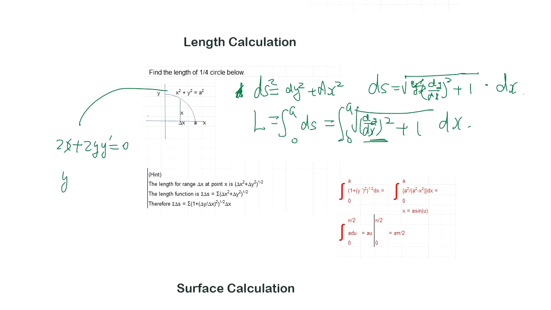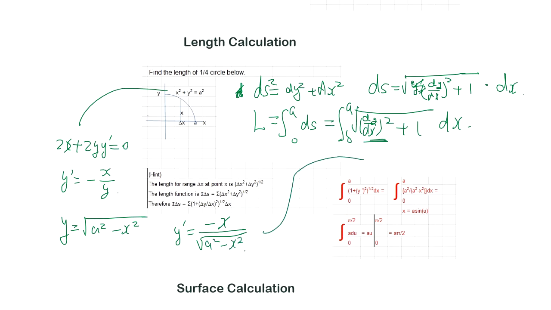So y prime is negative x over y, right? And y is the square root of a square minus x square. So y prime is negative x over the square root of a square minus x square.